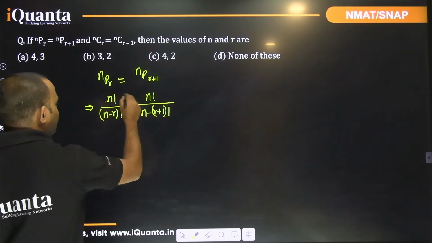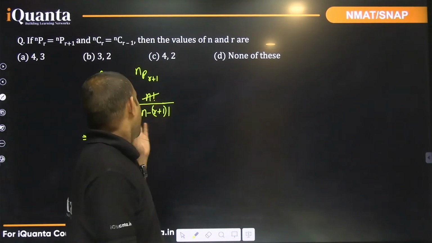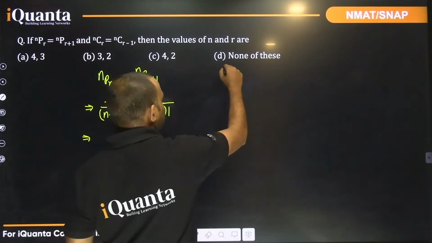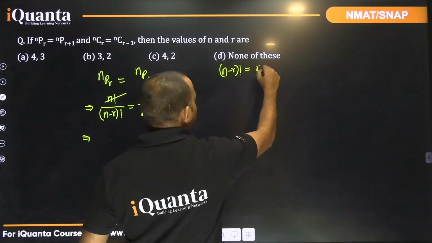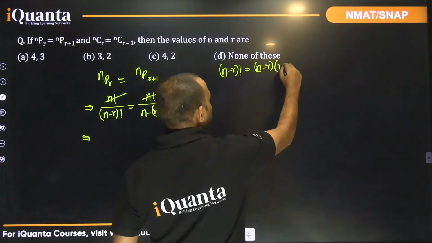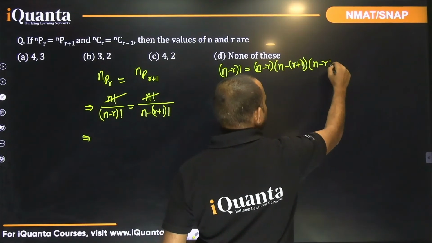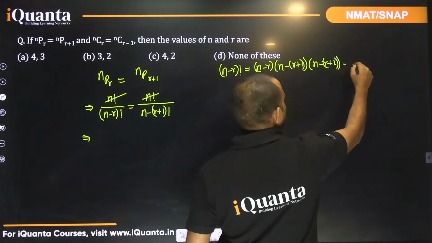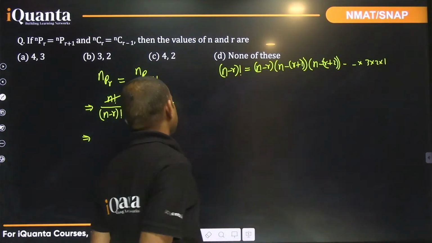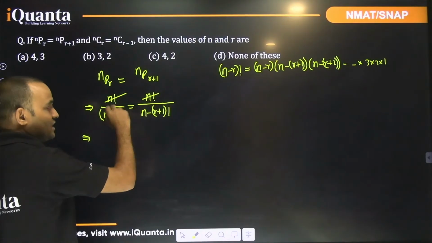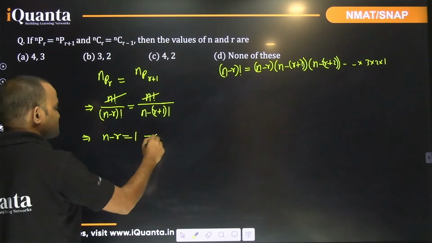What we can say, n factorial is cancelled out. n minus r factorial is nothing but n minus r into n minus r plus 1 into n minus r plus 2 and so on till 3 into 2 into 1. The value will keep decreasing. So if you find this value, this will become n minus r is equal to 1, right?